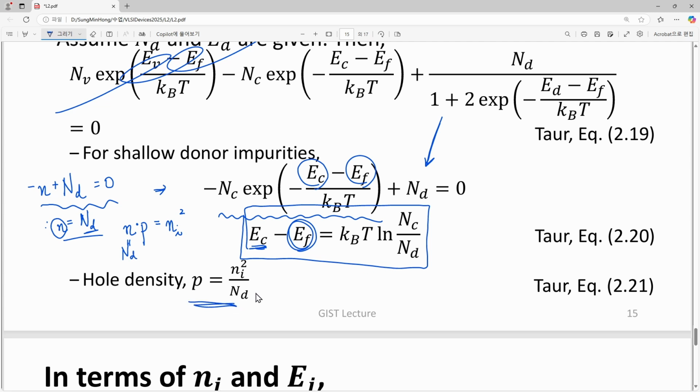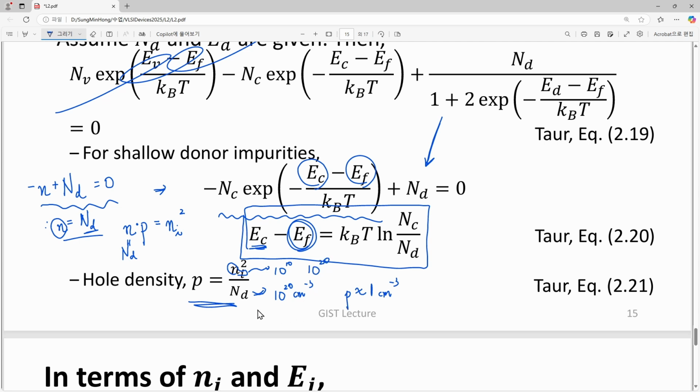For example, if we have quite a high density, like 10^20 per cubic centimeter, then our hole density would be just 1 per cubic centimeter, because ni is more or less 10^10, so its square becomes 10^20.